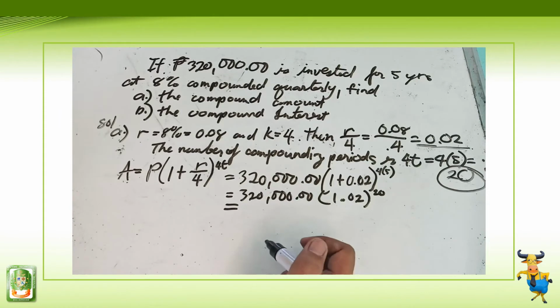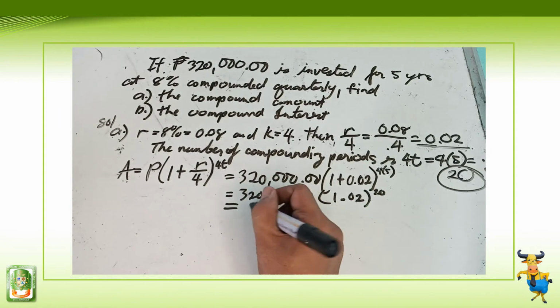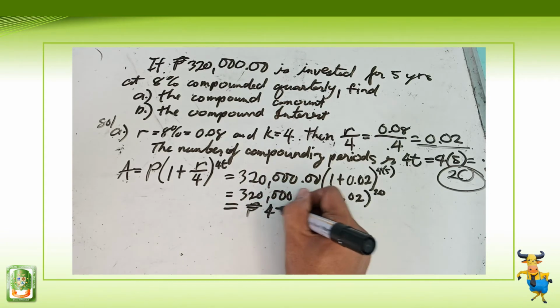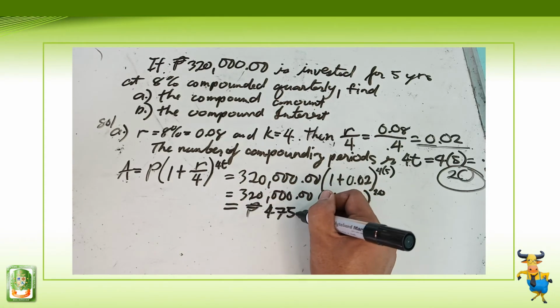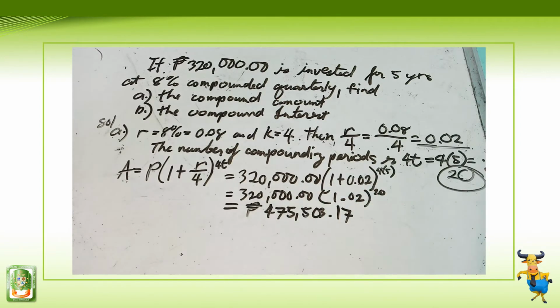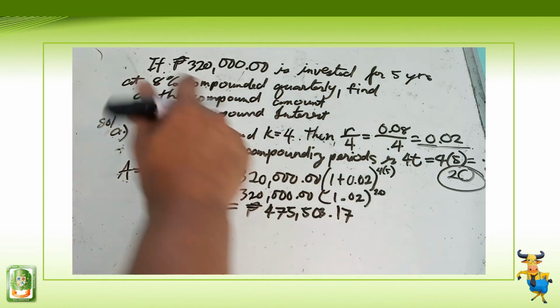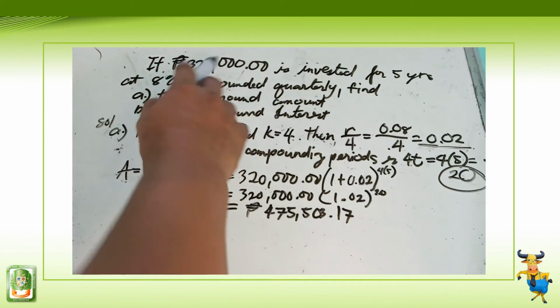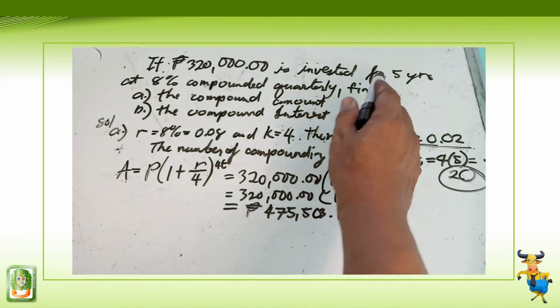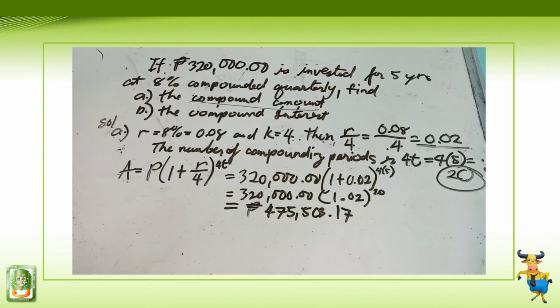Pinag-raise to 20 siya, so magiging 475,503.70. So, yan po ang magiging compound amount niya doon sa 320,000 na in-invest mo for 5 years at 8%.